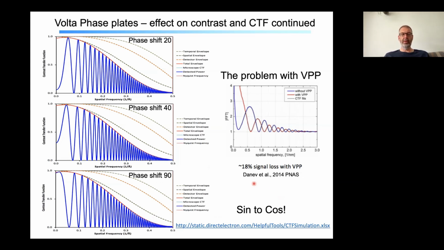The problem with the faceplate, and why it's become, I think, less popular, is you get a loss of signal. This was estimated to be around 18% by Danev in this 2014 PNAS paper. So you get an increased envelope function of your microscope essentially, so you don't transfer high spatial frequencies as well.